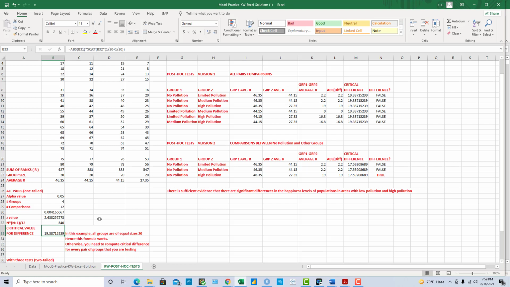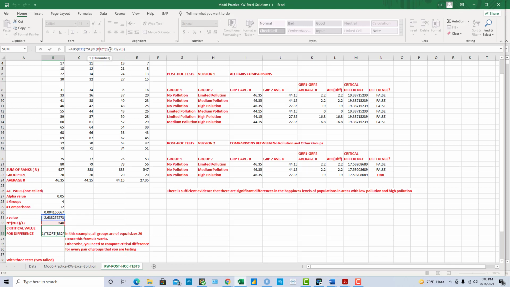So the critical value of difference is, in this example, all groups are equal sizes, so we are fine with this type of formula. We use this formula, absolute B31 times square root of B32 times 1 by 20 plus 1 by 20, because each group is 20.